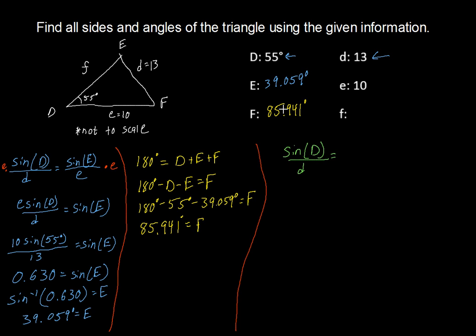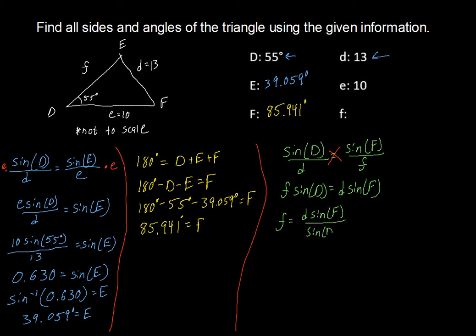Lowercase d is equal to sine of capital F divided by lowercase f. To get lowercase f by itself, I'm going to go ahead and cross multiply. f sine of d is equal to d sine of F. Divide both sides by the sine of d. So f equals d sine of F divided by the sine of d.